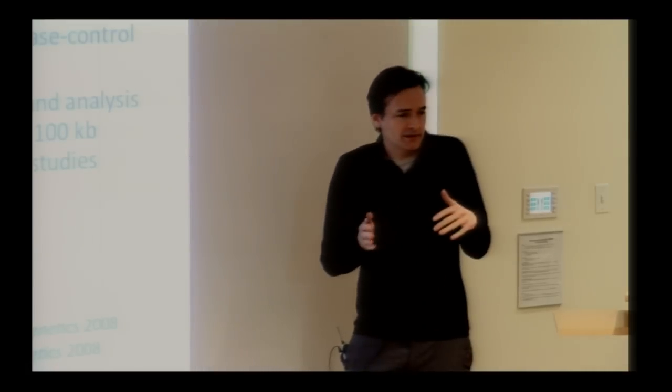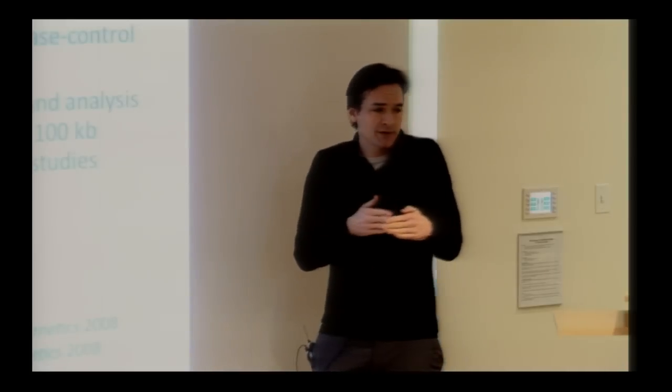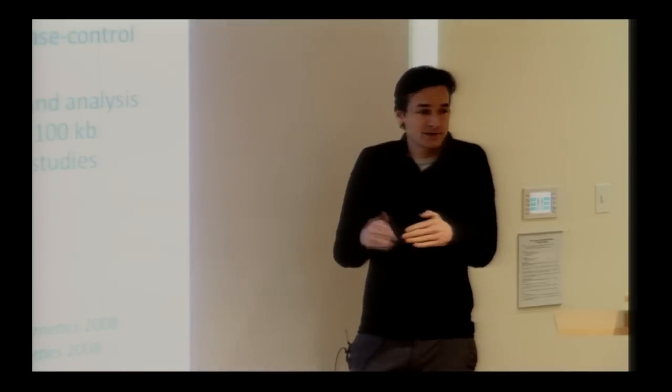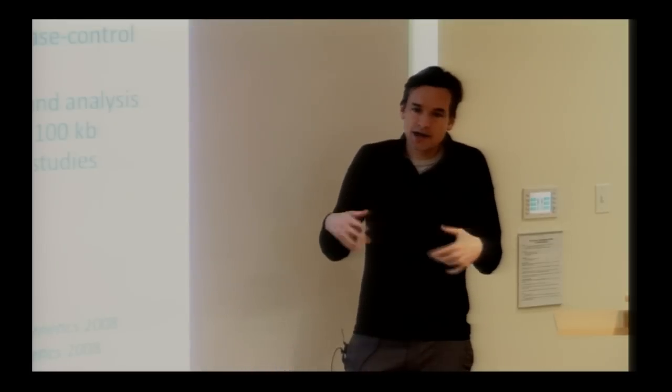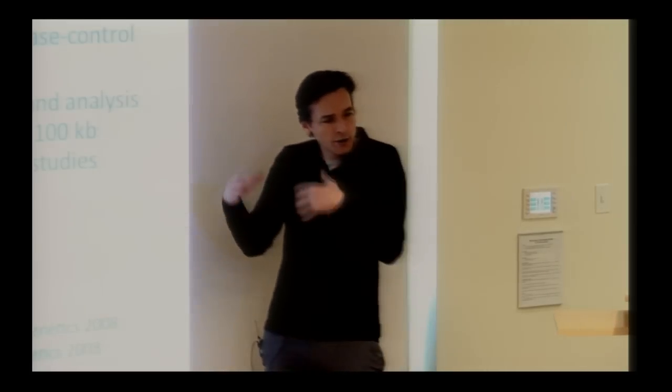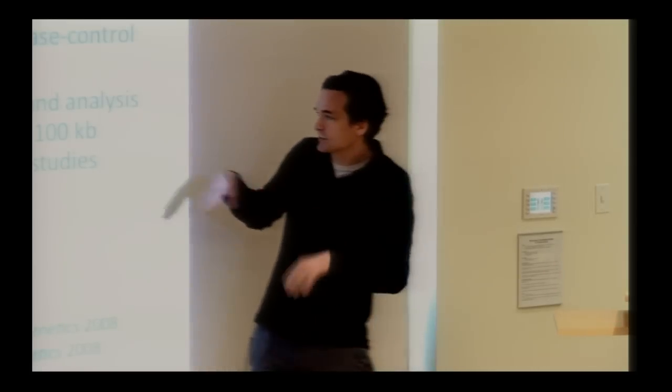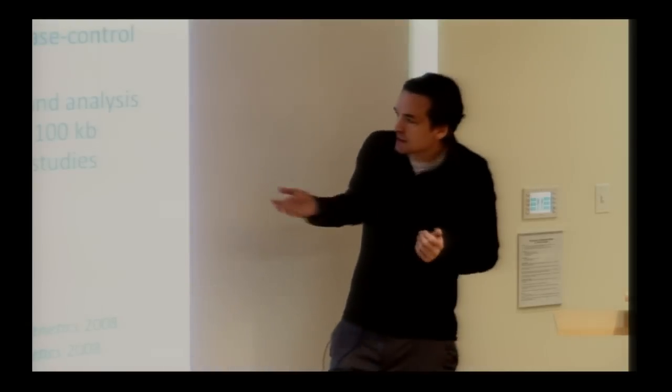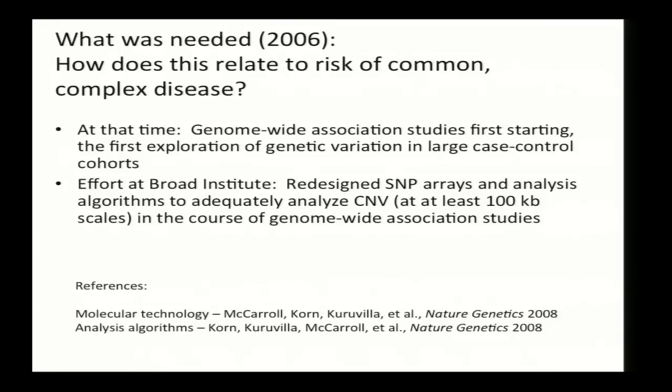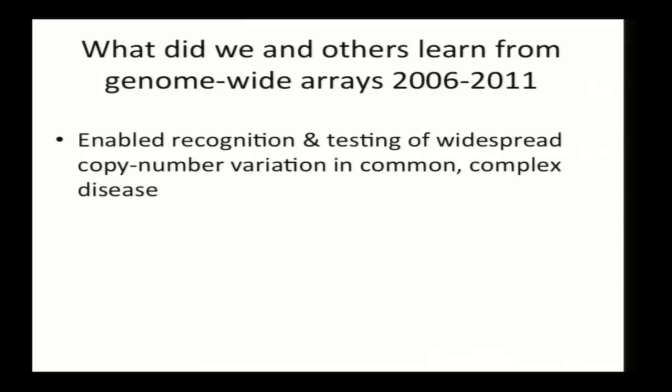In fact, regions commonly affected by copy number variation were systematically filtered out of SNP assays by quality control. So we had to go back and fix those things and redesign them. Then within a couple of years, it became routine that whenever you did a GWAS, there would also be analysis of copy number variation.